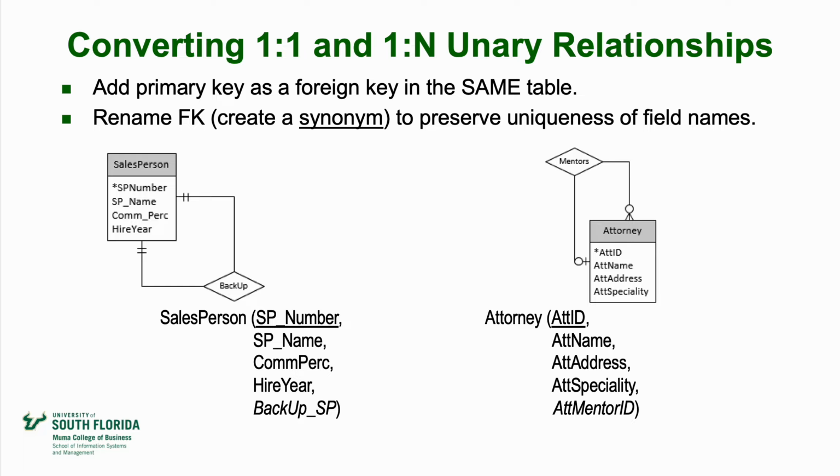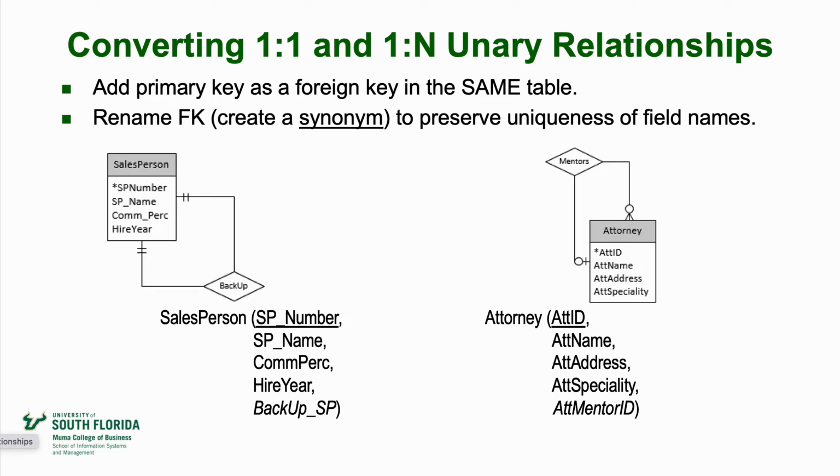To convert one-to-one and one-to-many unary relationships, we add the primary key of the entity as a foreign key in the same table. We of course rename the foreign key to preserve the uniqueness of field names. The slide contains two examples of unary relationships.